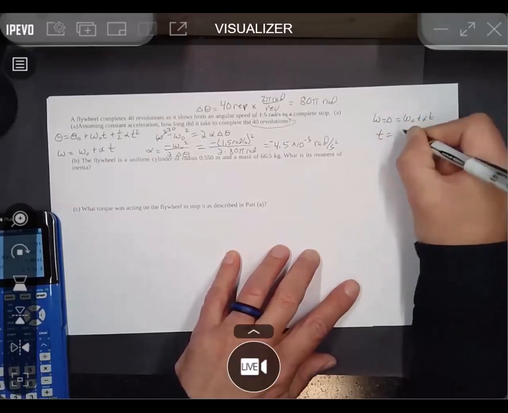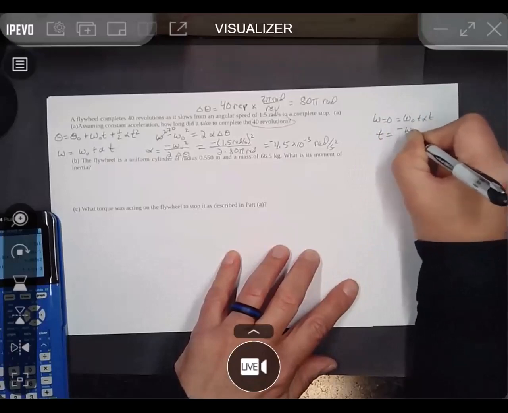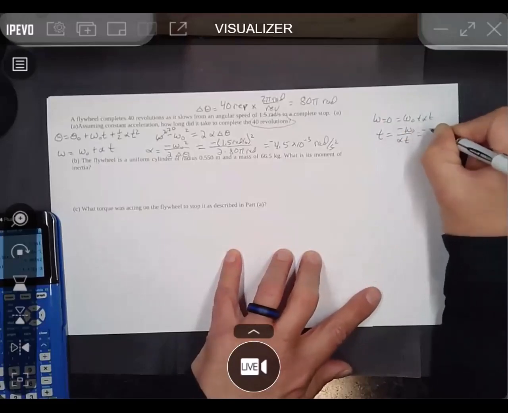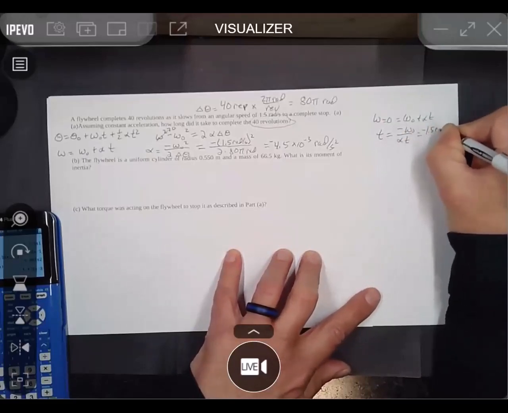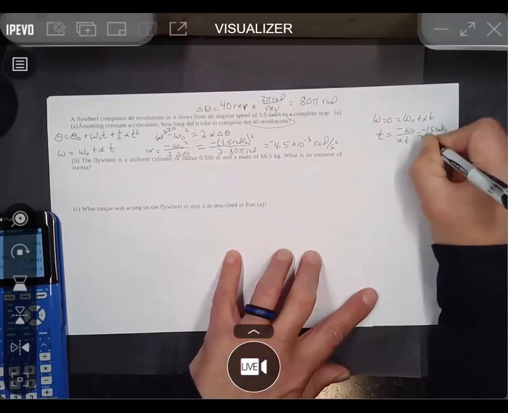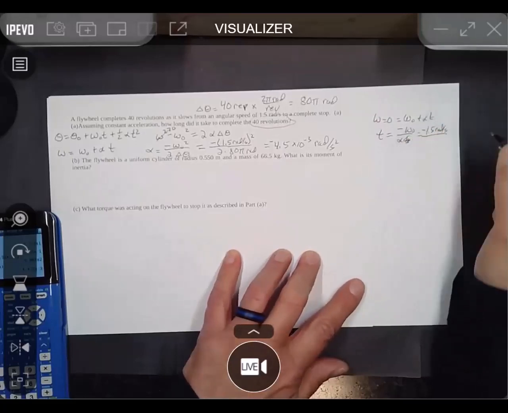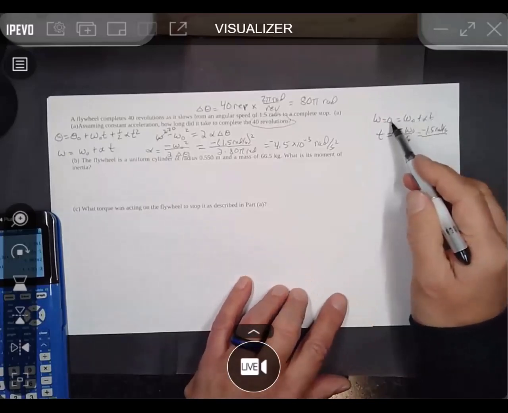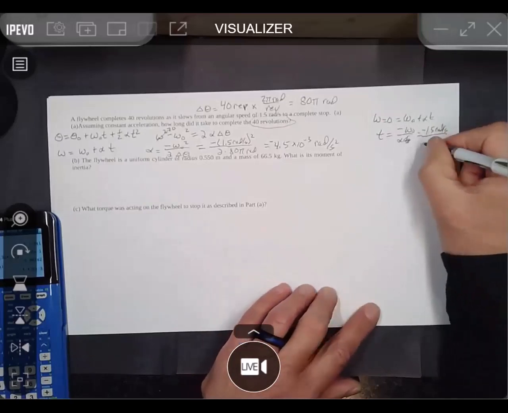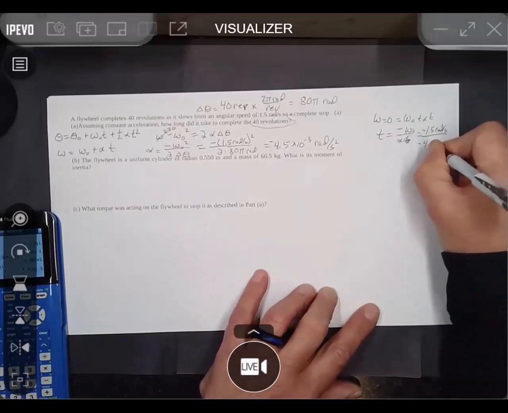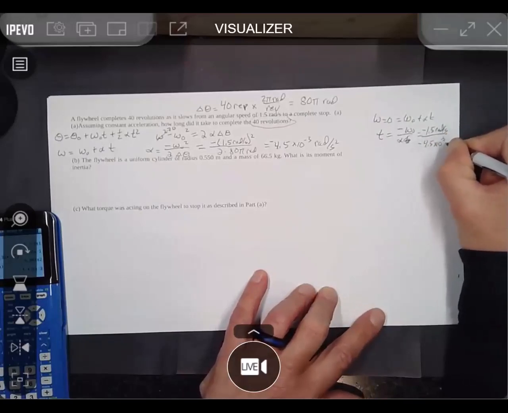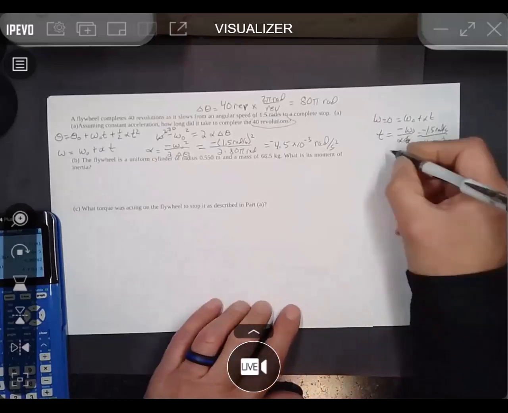So t will equal minus omega naught over alpha, which is minus 1.5 radians per second divided by minus 4.5 times 10 to the minus third radians per second squared. And the units will come out seconds.